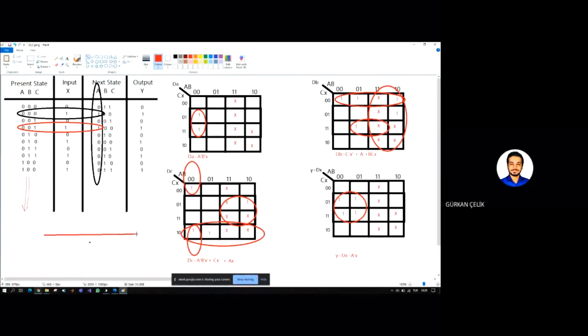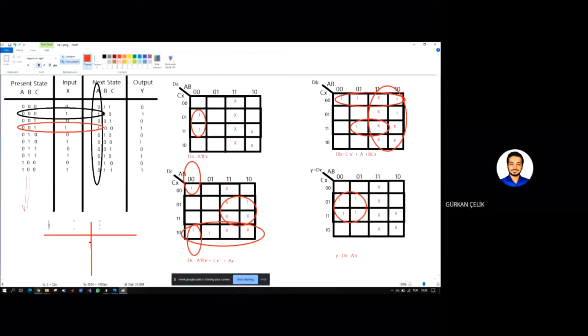Şöyle söyleyeyim arkadaşlar. Bir tane D flip flop'un girişi olsun, tamam mı? Bir tane state olsun. Sonra next state var.